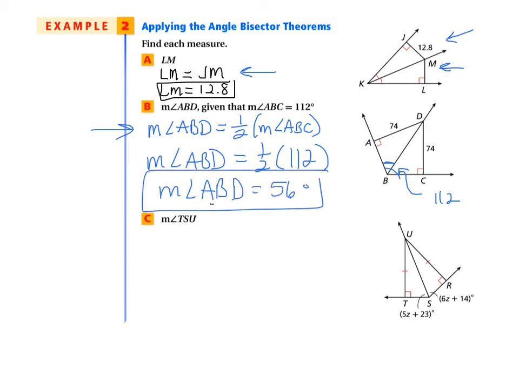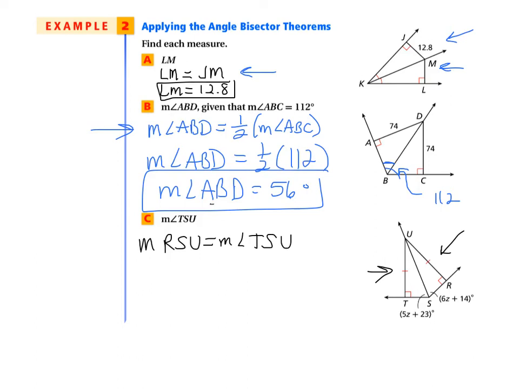And the last one, the measure of angle TSU. We know that these two are congruent, so because of the converse of the angle bisector theorem, we know that SU is a bisector. So because it's a bisector, we can state that the measure of angle RSU equals the measure of angle TSU.